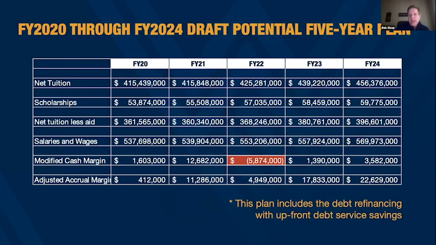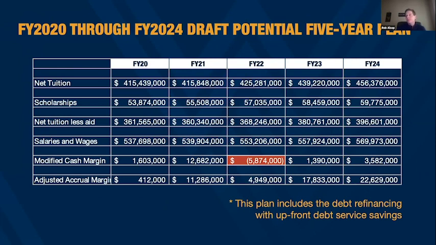You can see our cash margin down towards the bottom of the chart. In FY20, we were predicting to make about 1.6 million in cash. In 21, we would generate about 12.6 million in extra cash. We'd lose a little bit due to some debt service in FY22. And then you can see FY23 and 24, we see positive margins. And from that adjusted accrual margin, you can see us growing to where we start to reach those consistent positive margins going forward.